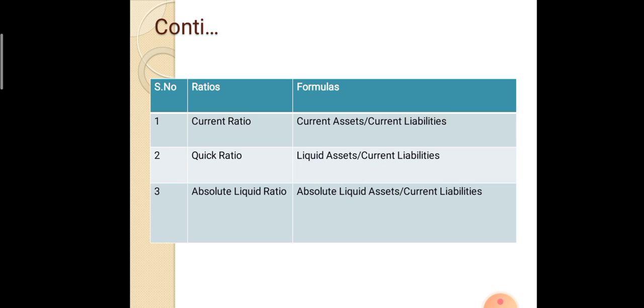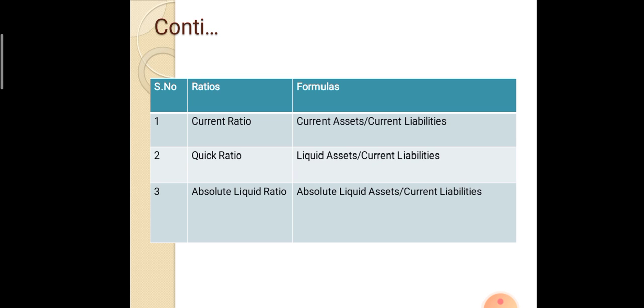Coming to the absolute liquid ratio. Absolute liquid ratio is liquid assets to quick liabilities. For calculation for this purpose, it is taken as ratio of absolute liquid assets to current liabilities. Absolute liquid assets include cash in hand, cash at bank, and short-term or temporary investment.